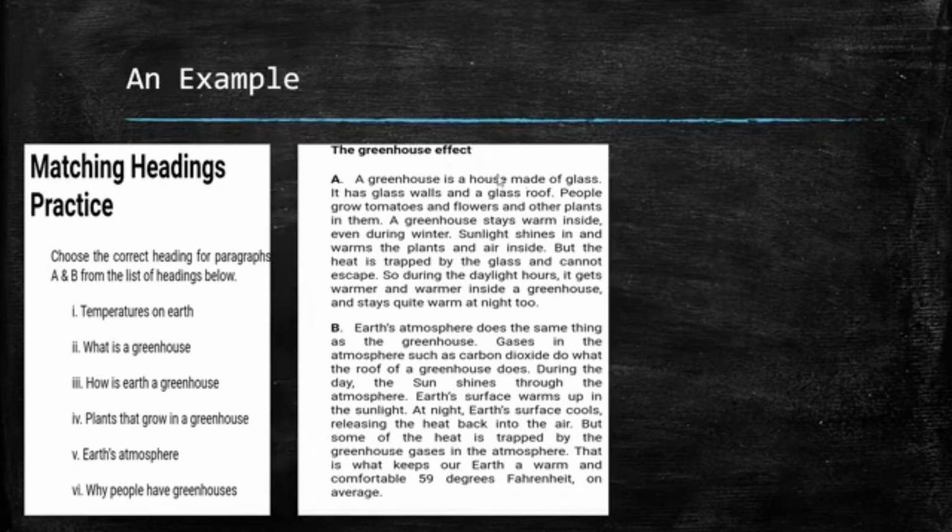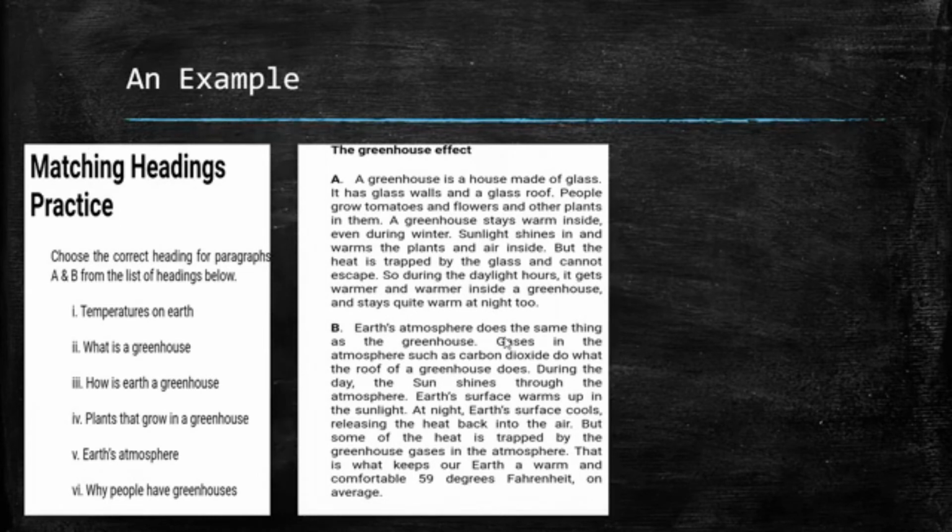"A greenhouse is a house made of glass. It has glass walls and glass roofs. People grow tomatoes and flowers and different other plants in them. A greenhouse stays warm inside even during winters. Sunlight shines in and warms the plants and air inside, but the heat is trapped by the glass and cannot escape.